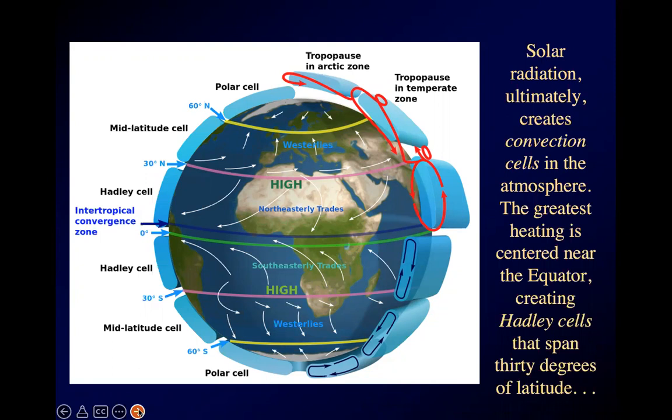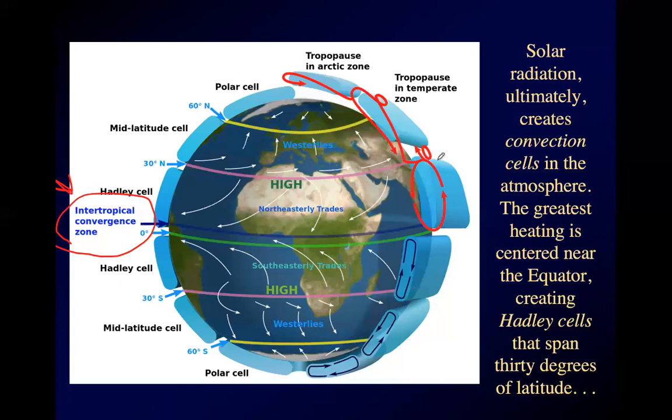Okay, so we get this belt of lots of rain that's close to the equator, although again, it's not exactly centered on it because of the tilt of the Earth. And we call that equatorial area the intertropical convergence zone right there. So we have rising air at the equator, and as the air rises, it starts moving north and south, and ultimately it sinks.